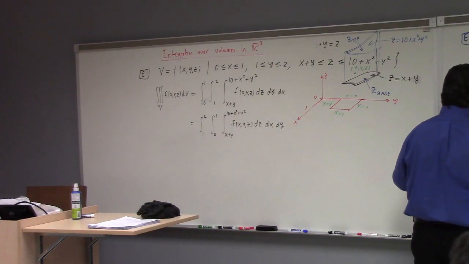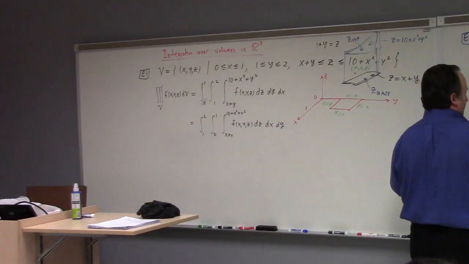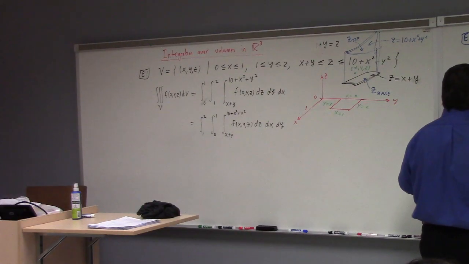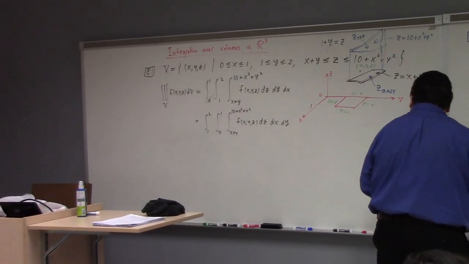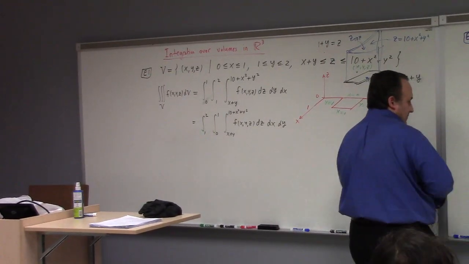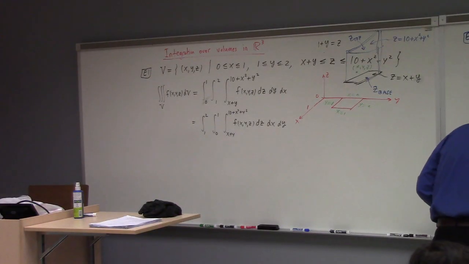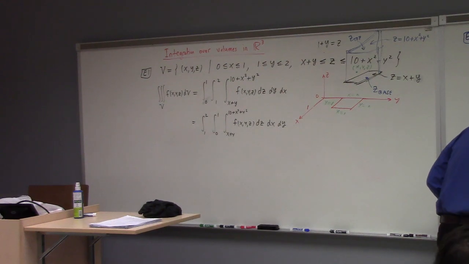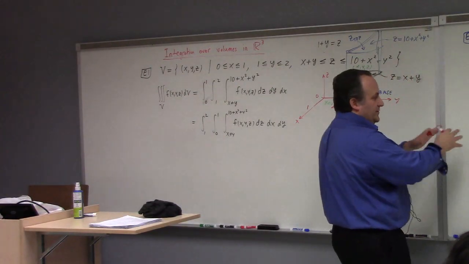Because we've got the top, z top equals the square root of 1 minus x squared minus y squared. And then down here, z base is equal to minus the square root of 1 minus x squared minus y squared, right? And where do they meet?